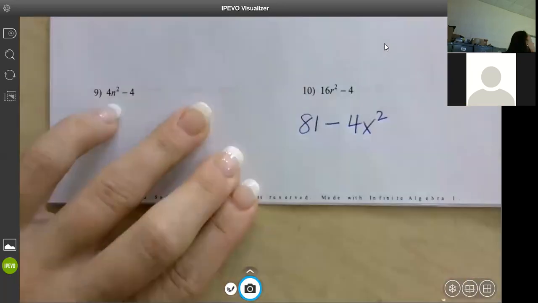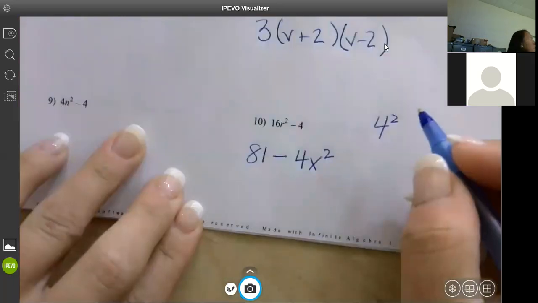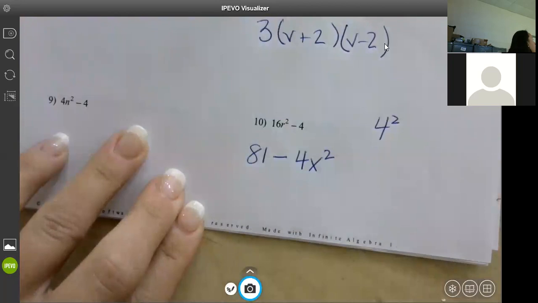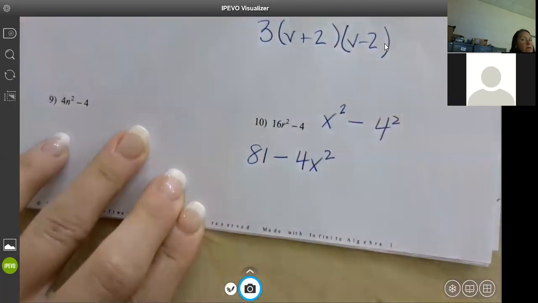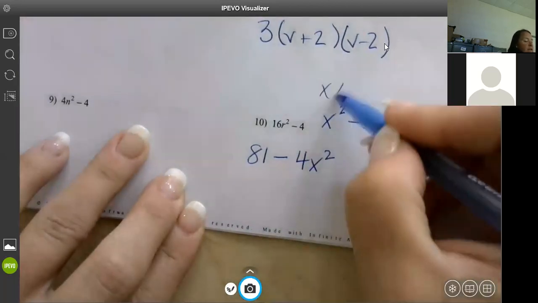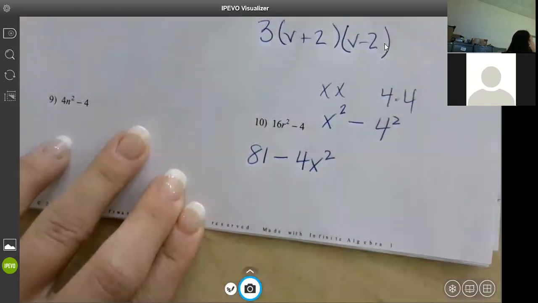Yeah, you can have like 4 squared too. Like this? Let me go through. It's supposed to look like that. So like it might have this? Yeah, it can have that. Okay, so that's just X X, 4 and 4. So if you guys see that, does that make sense? So if they have the 4 squared, just write it 4.